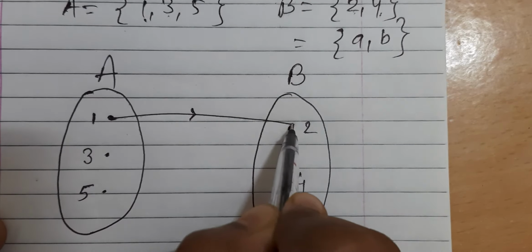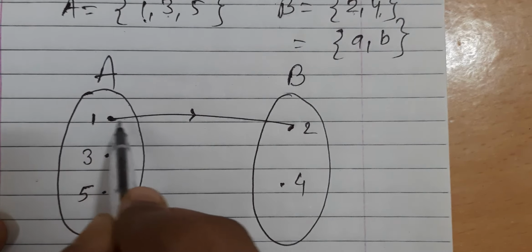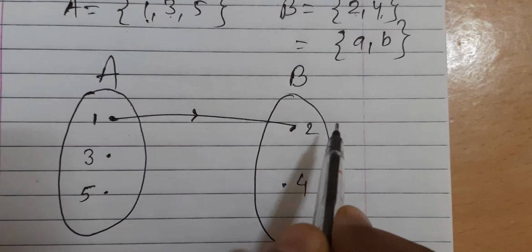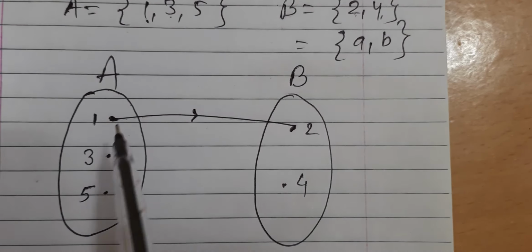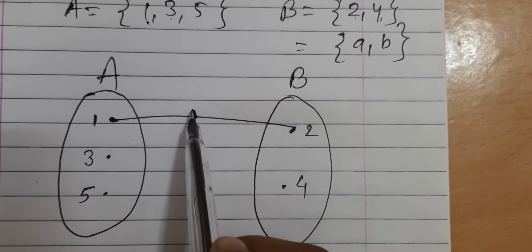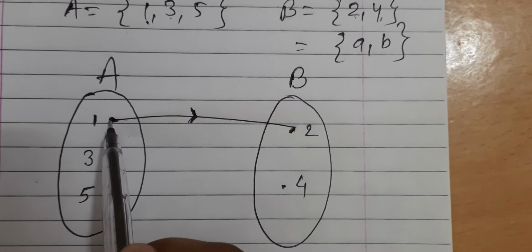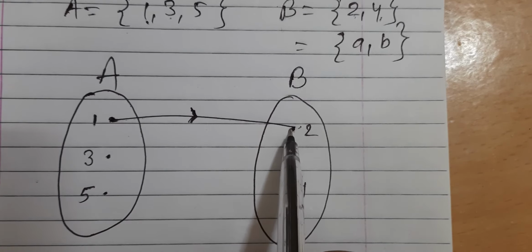If you want, you can use a scale, or by hand only we can directly draw a line. It's not compulsory that it should always be straight. So you only need to join this 1 and 2 and put an arrow. So this represents that 1 is related to 2.